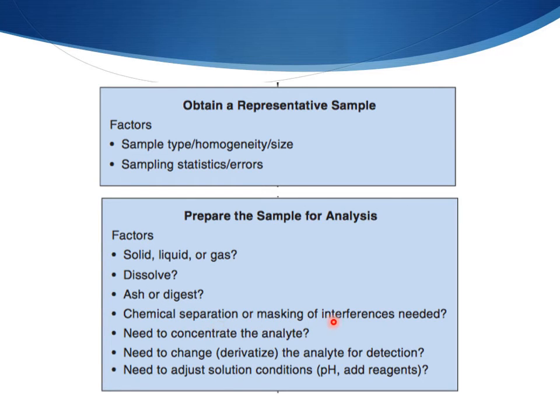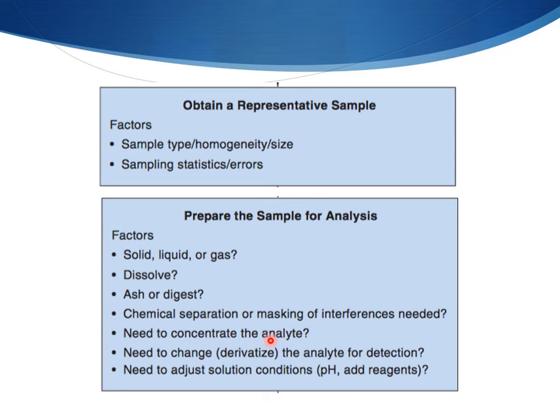Chemical separation or removal of interferences may be needed. Sometimes the sample requires separation of its components, so we can use chromatographic techniques, for example, for the separation of different components, and then we can perform qualitative or quantitative analysis.